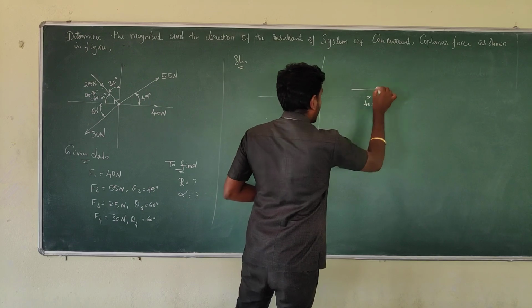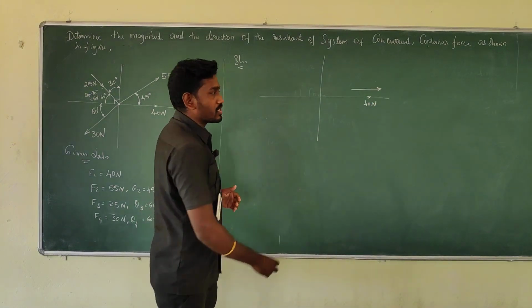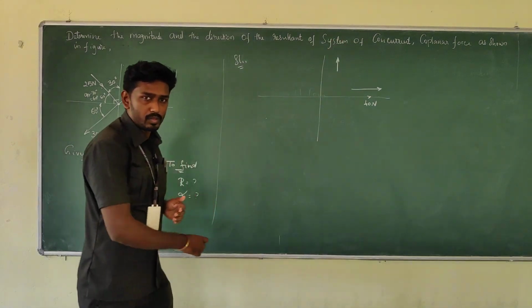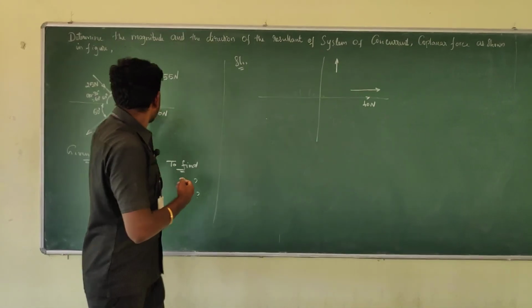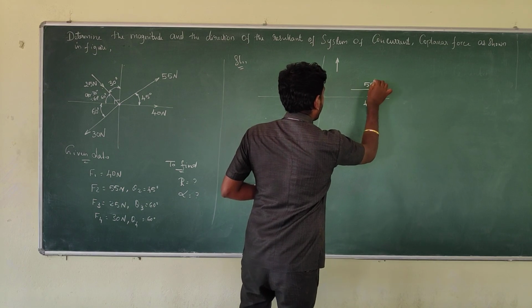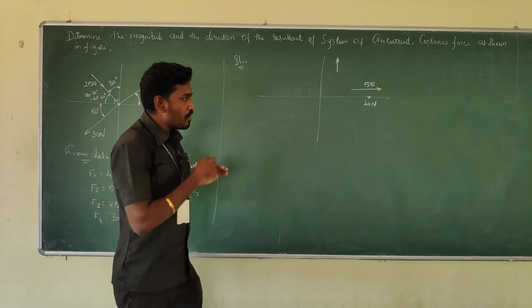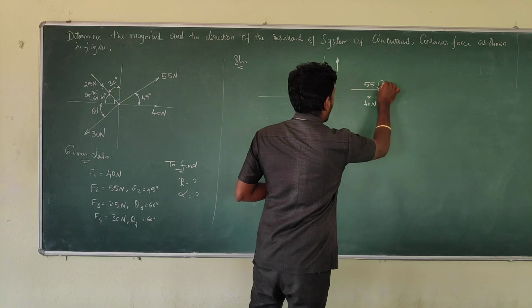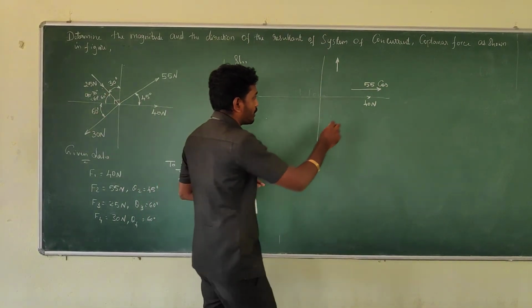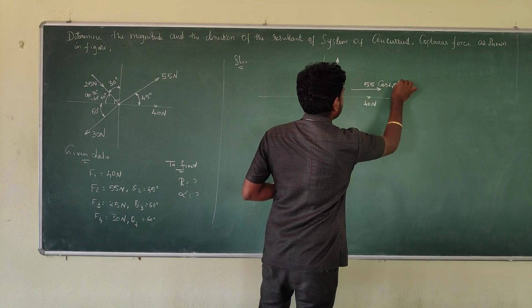So I take one component along the x-axis like this and another moving upwards like this. In order to give the magnitude, the force here is 55 Newton. So take 55. For the horizontal, assign it as cos. What about the angle which is given? It is 45. So take 45 degree.